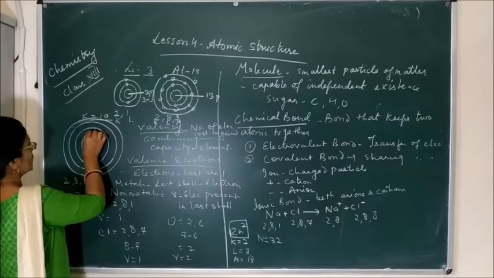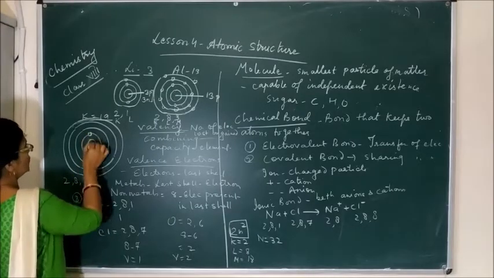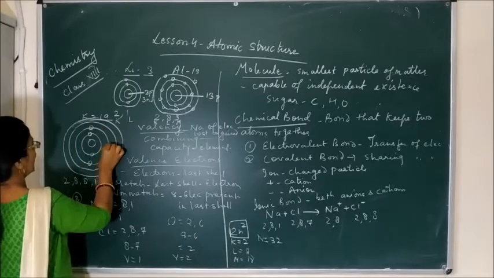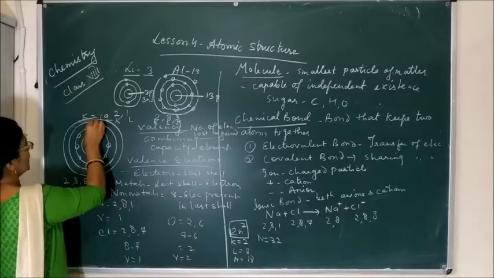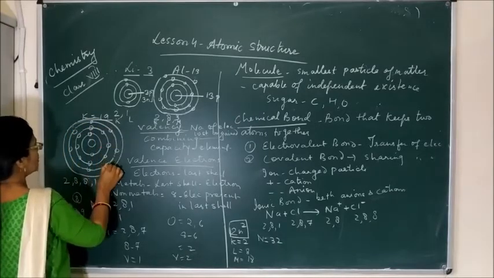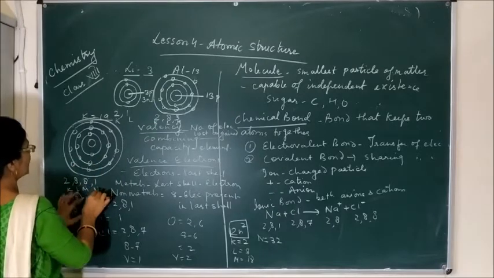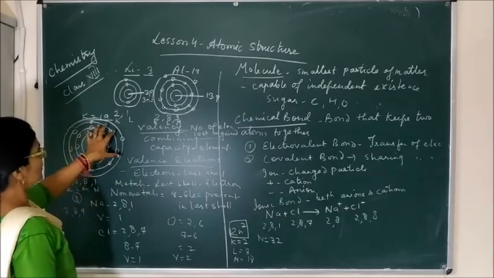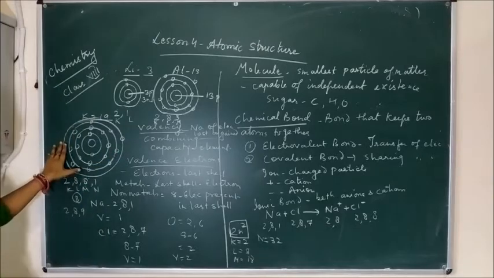The first shell has 2 electrons, the second shell 8 electrons, the third shell again 8 electrons, and in the last shell, that is K, L, M and N, the N shell, it can occupy 1 electron. In this way we can draw the structure of potassium.